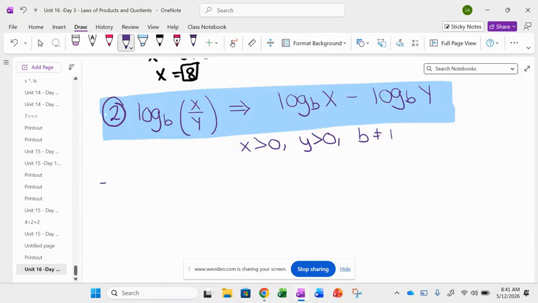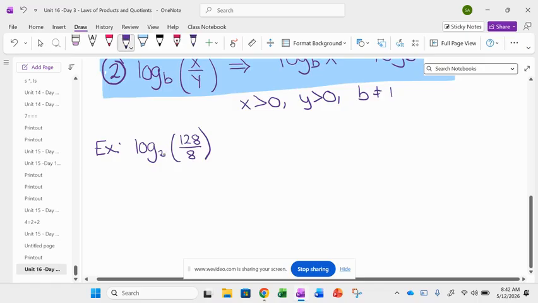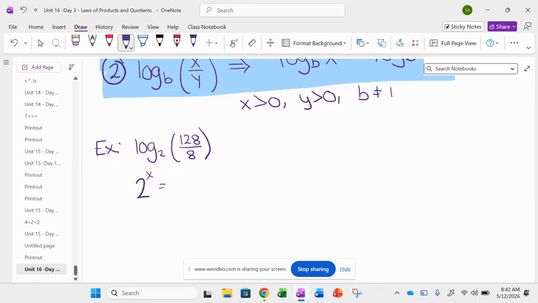Okay, let's see how this works. So let's say I have log base 2 of 128 over 8. Do we agree this is the same as saying, if I'm changing it back into exponential, 2 to the x equals 128 over 8?